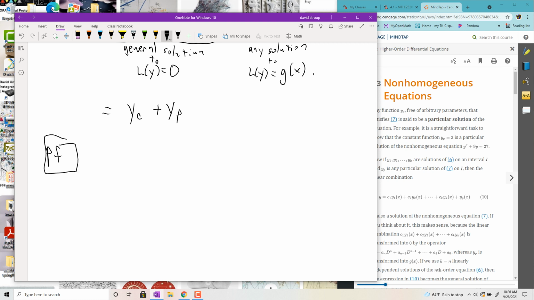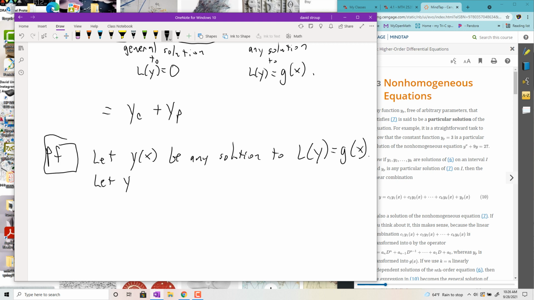Okay, so let y of x be any solution to the non-homogeneous differential equation L of y equals g of x.